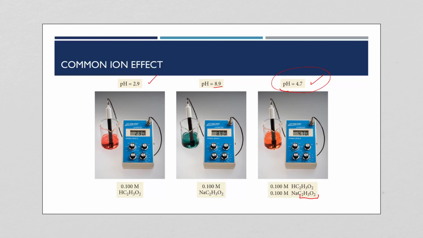Just as a comparison, the acetate solution has a very basic pH, as you would expect, since it is a weak base. But because the acid is a stronger weak acid than the base is a weak base, we end up overall with an acidic buffering system when the two concentrations are equal.